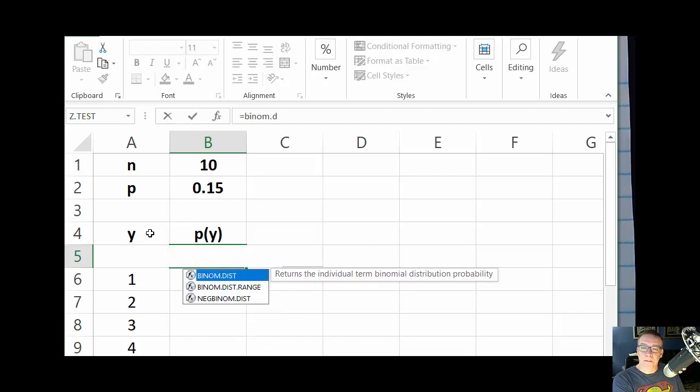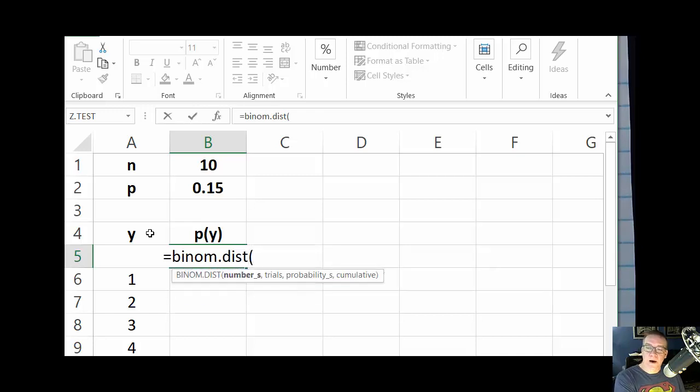It's equal binom dot dist. Okay, so it's going to ask me for several things here. It's going to ask me for the number of successes, the number of trials, the trial probability, and then there's this fourth option, which is the cumulative, and that's a true or false statement. So the number of successes, well, that's the thing I'm trying to find.